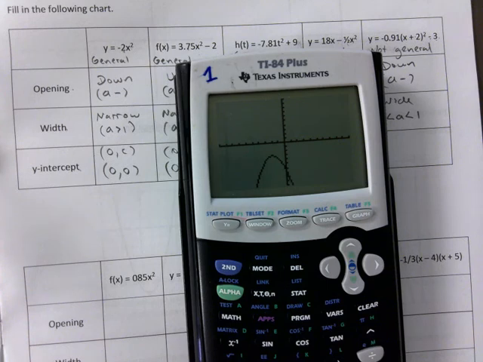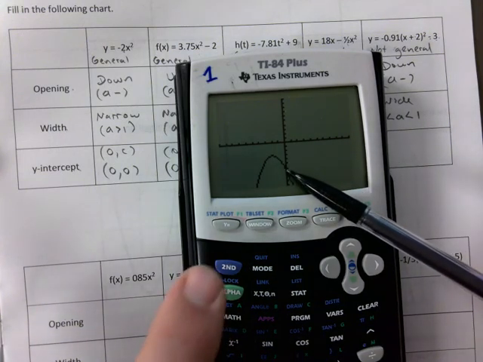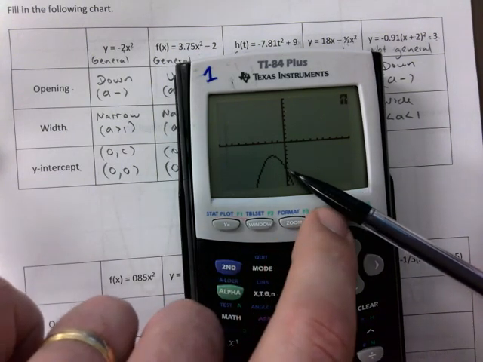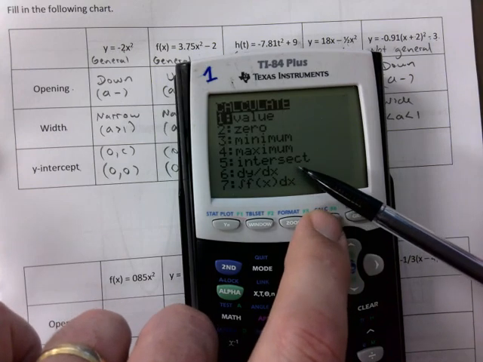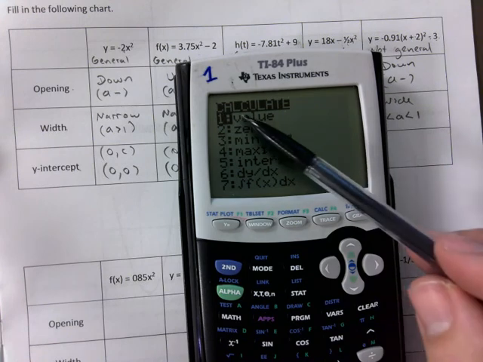Everybody seeing that? This is the best thing that can happen to you. If you see the whole thing appear, you're like, okay, good. I don't have to change my window whatsoever. We're going to find that y-intercept. Second trace. If you want to ever get something from your graph, second trace, we're going to go value.